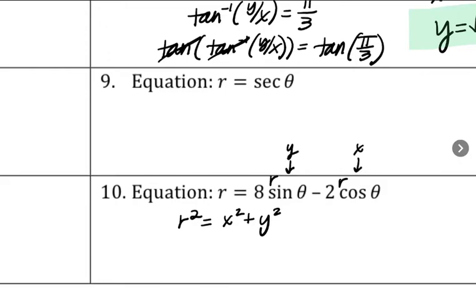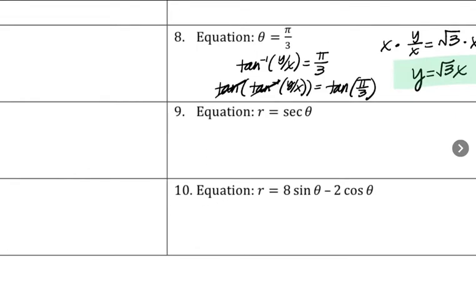Well, if you notice, we're missing an r on both sides of the equation. We need to make this an r squared, and we need to put a factor of r in this term and that term. So, can we put an r on both sides and then use those relationships? That's my hint to you guys. Come to office hours if you want to see how to do that one. It works out quite nicely.